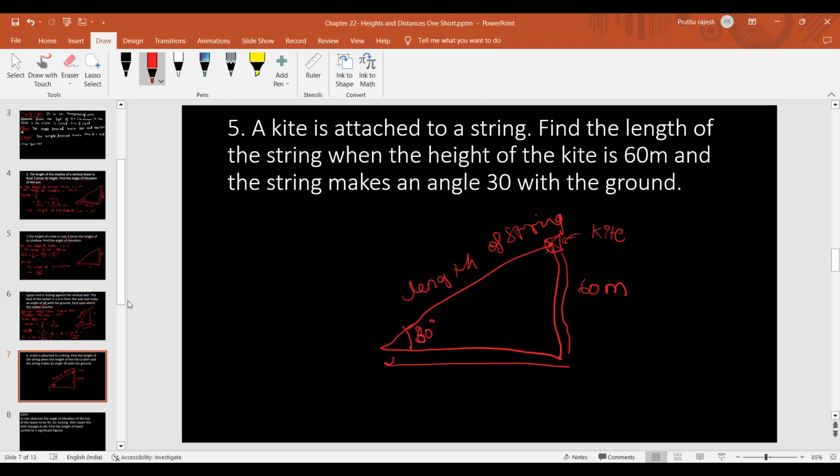The ground distance they have not given, so let us assume it to be x.